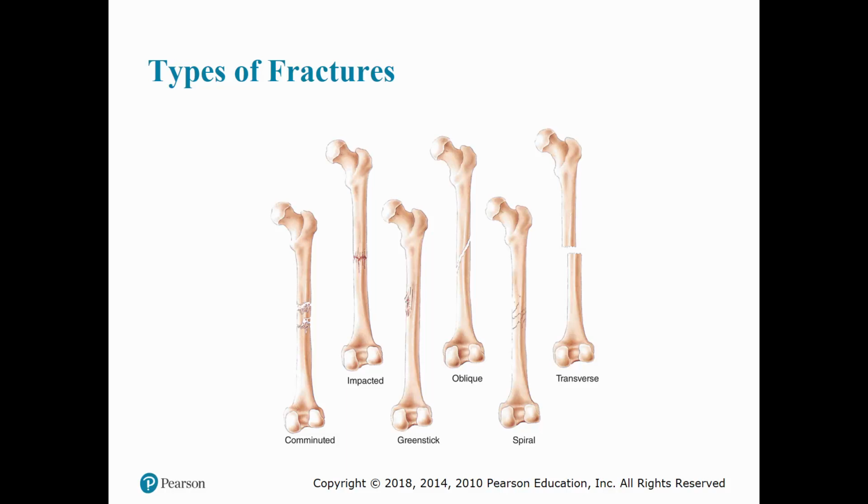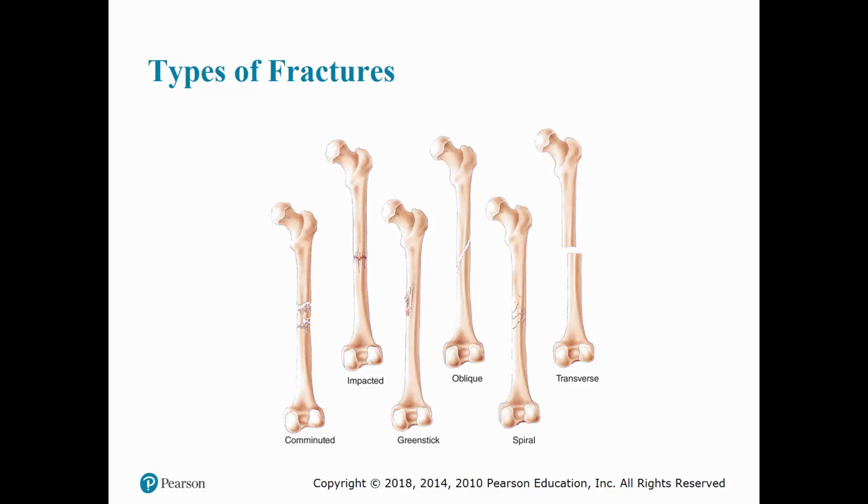Spiral fracture, this would be caused by you twisting and causing an overexertion of that twist, and it spiral fractures that way. Comminuted, that would be where the bone is broken up into multiple small pieces.